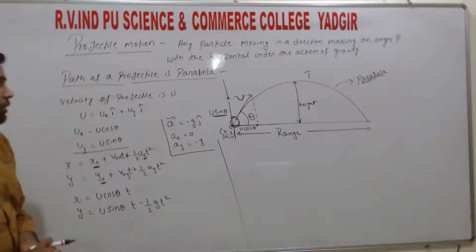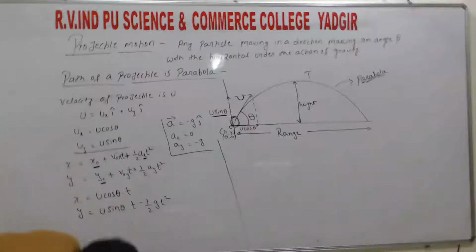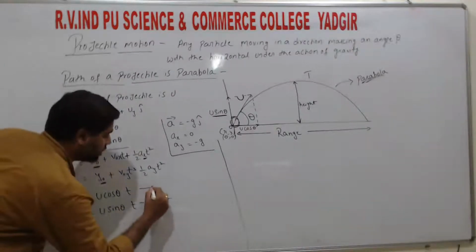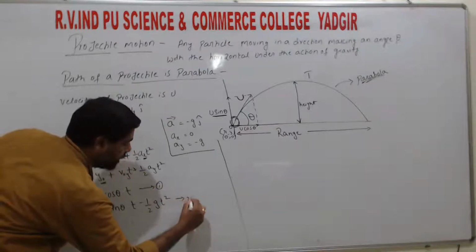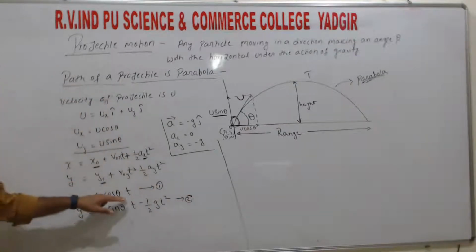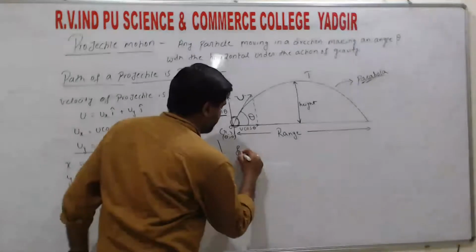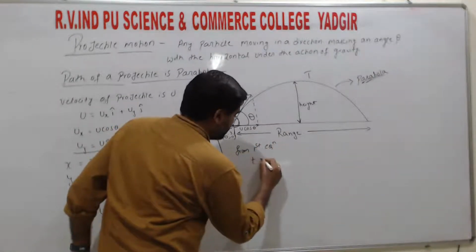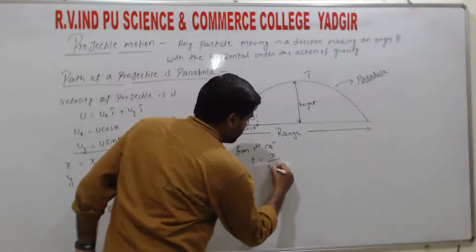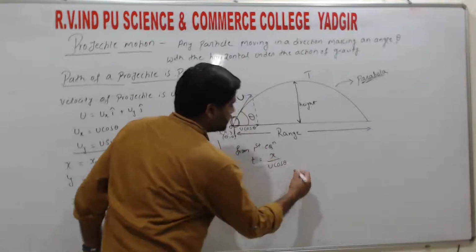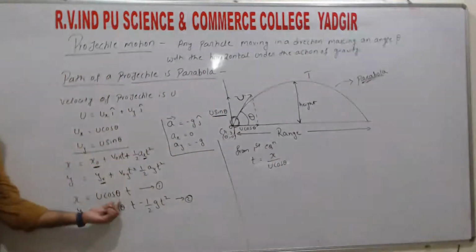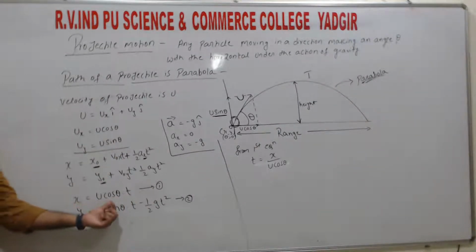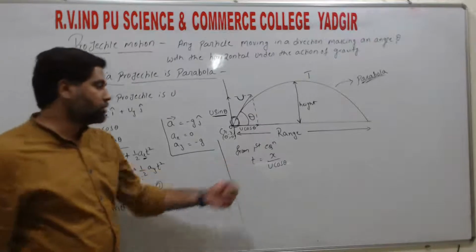Next, for the time taken to cover the x distance, calling this equation 1 and this equation 2, from the first equation, t equals x divided by u cos theta, right? So rearranging it, time equals displacement by velocity, x by u cos theta, right?